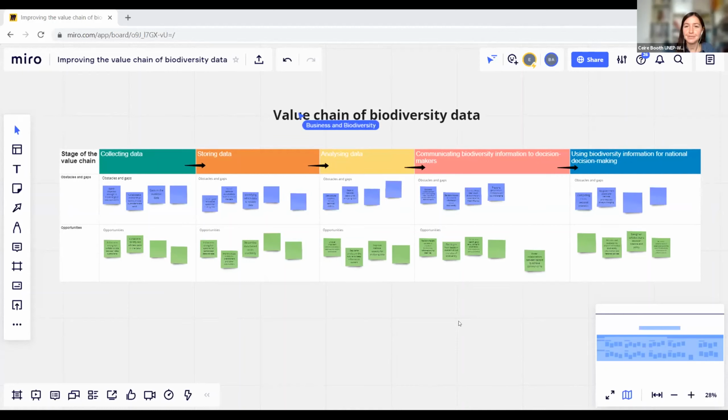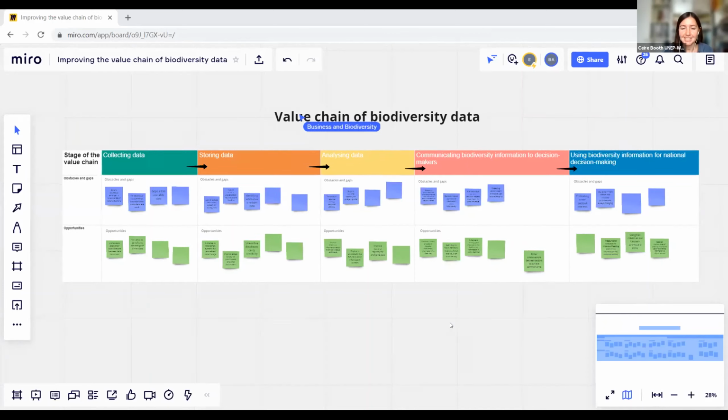For those of you who are not familiar with Miro, it's basically an online app, kind of like an interactive whiteboard. So we can add notes and messages to the whiteboard as we go through this session. Laura is going to keep an eye on the chat for me to flag up any questions or comments that come in. But allow me to run you through what we have here on the screen.